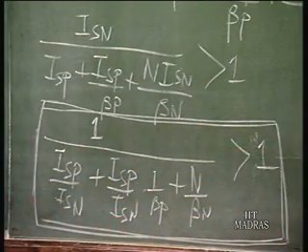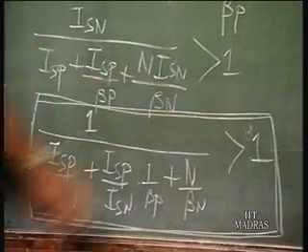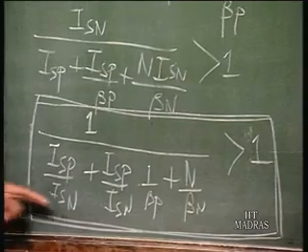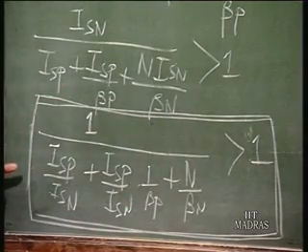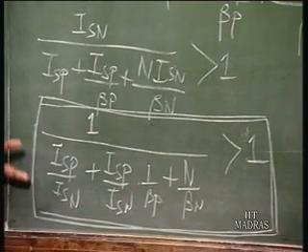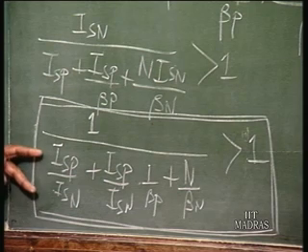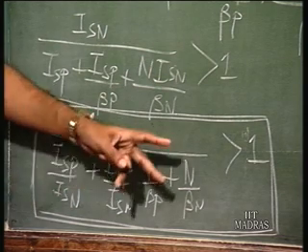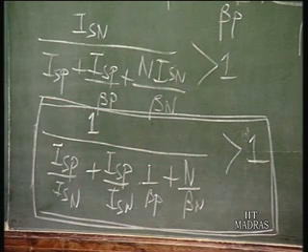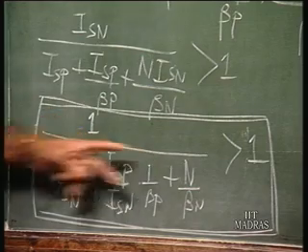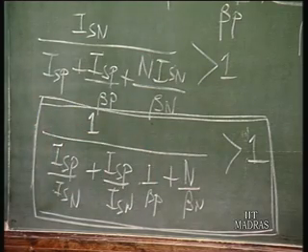So, when you say that this has to be greater than 1, what does it tell you about the denominator? This denominator must be less than 1. Now, this denominator consists of 3 terms. So, if this a plus b plus c has to be less than 1, each individually has to be less than 1.